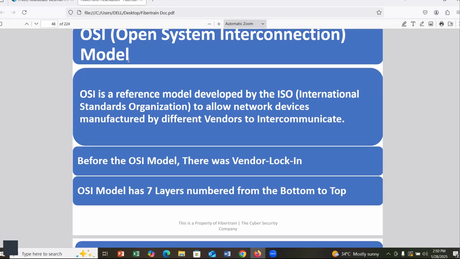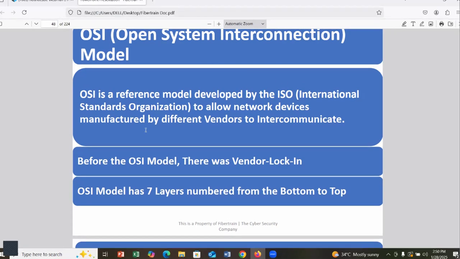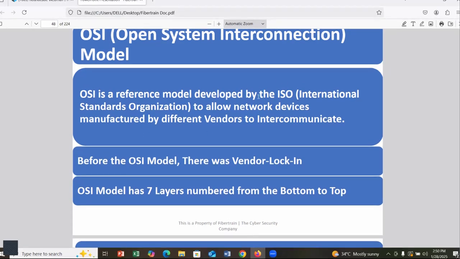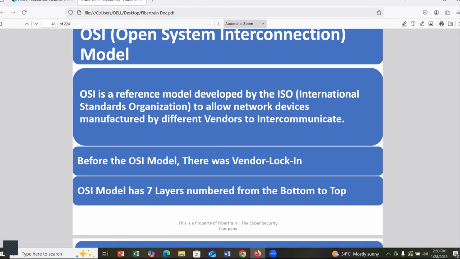If we have a device made by HP and another made by Mac, there's no way they can communicate, because HP is not going to understand the language of a Mac, and the Mac cannot understand the language of an HP. So the OSI model is the one that allows different vendors to be able to communicate.